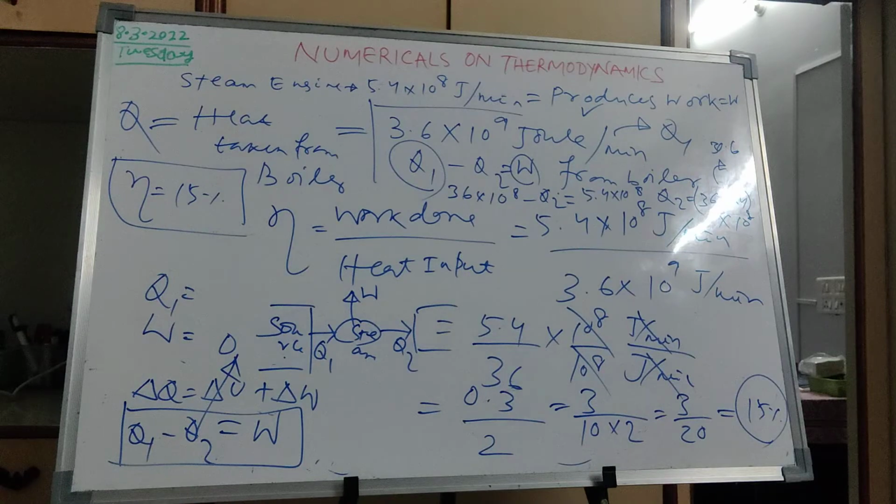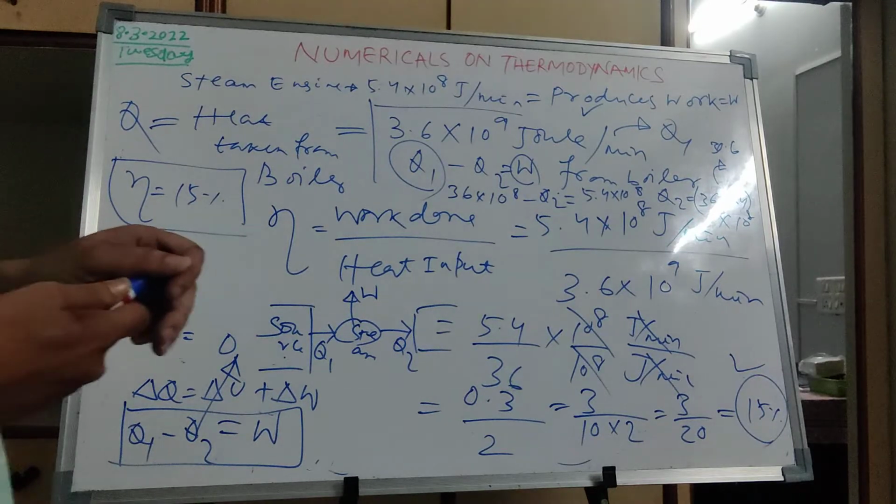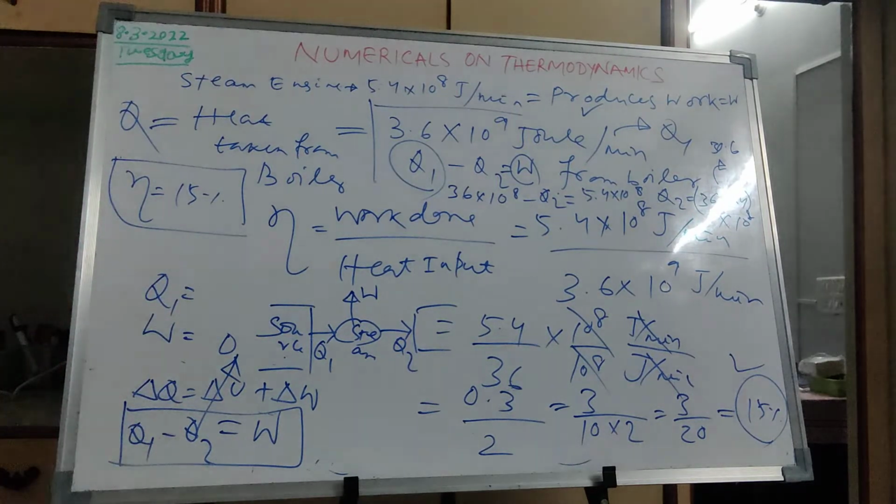So 15% is your efficiency and 30.6 into 10 to the power 8 joule. Here they have given 3.06 into 10 to the power 9. That's fine, no problem, because we took 36 into 10 to the power 8 for simplification. They have kept it in 10 to the power 9. So it is matching with the answer.